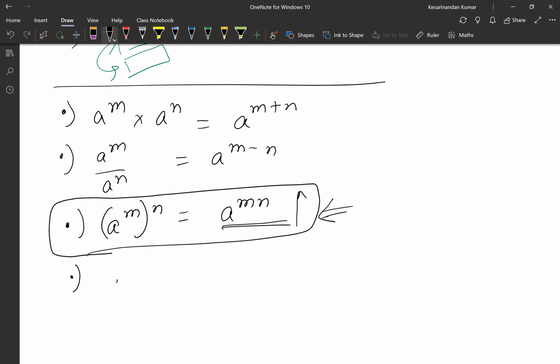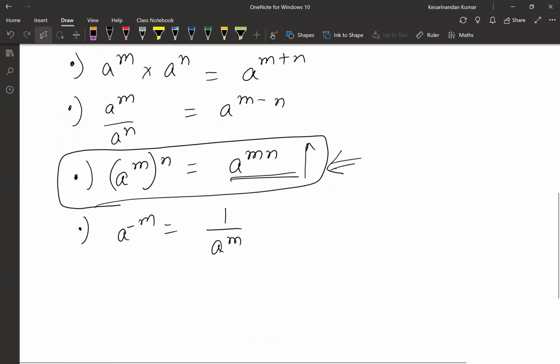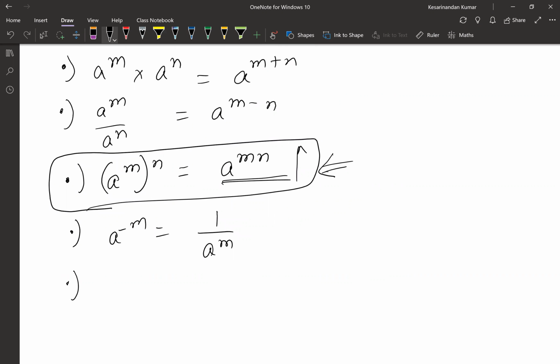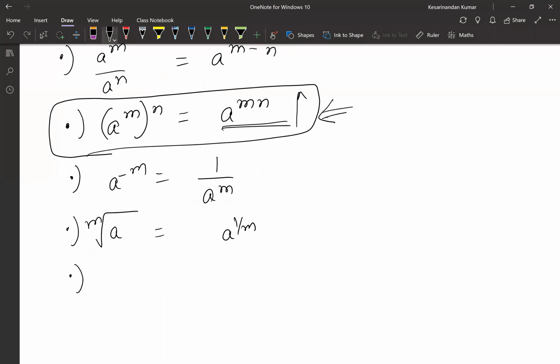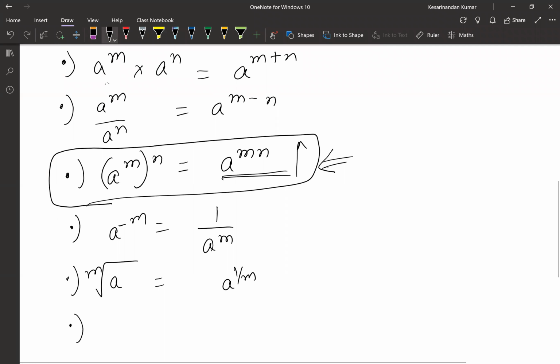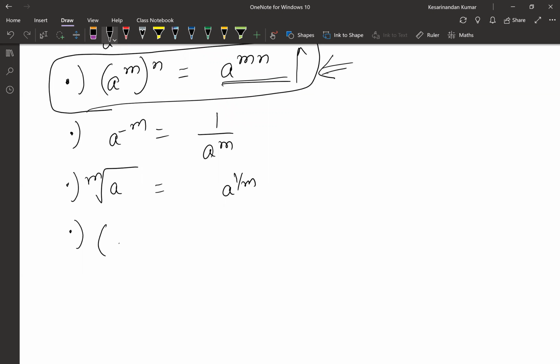Okay, moving on. This is pretty standard. This one is nothing new, and the same goes for this. The mth root of a is equal to a raised to 1 by m. Also, if you have two things in the bracket, it will still be the same: ab raised to m will be a raised to m into b raised to m.